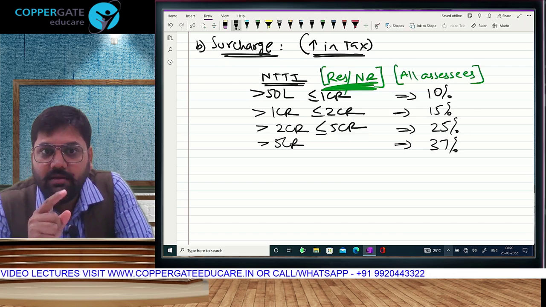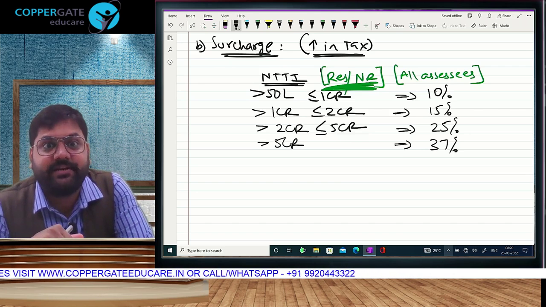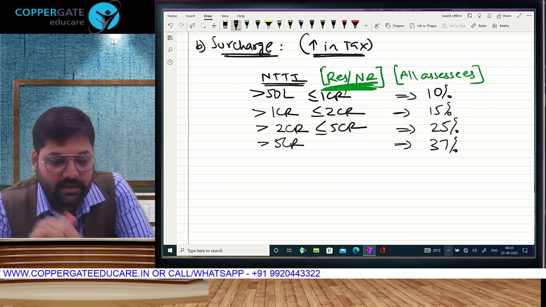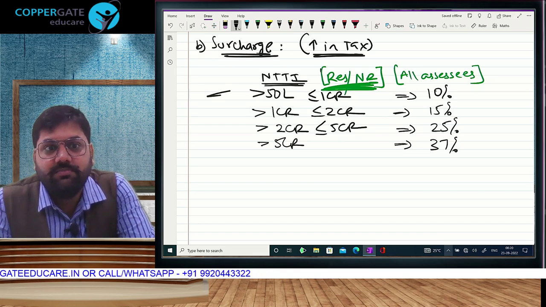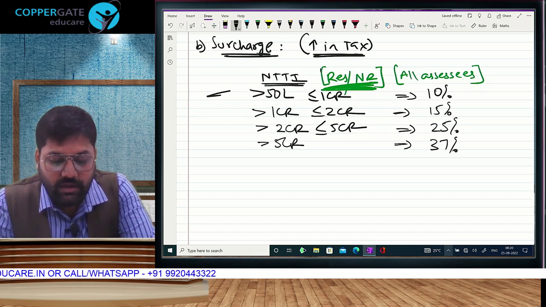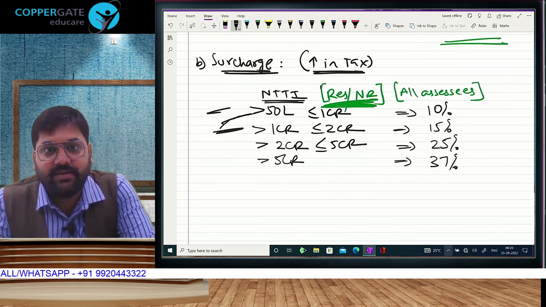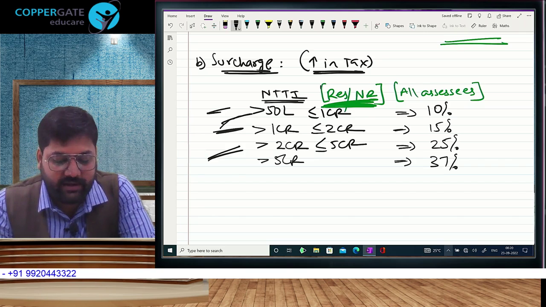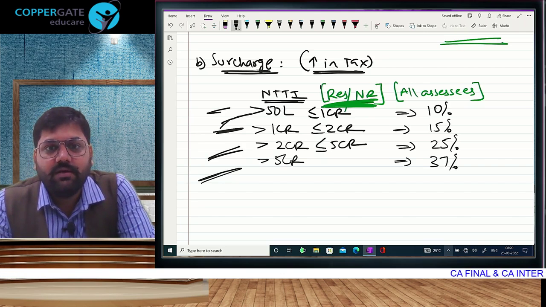Correct? At equal to, surcharge will come but of the previous rate. Meaning, sir? Equal to 50 lakh, previous rate is 0% surcharge. Before 50 lakh there is no surcharge. Equal to 1 crore, previous rate means 10%. Equal to 2 crore, previous rate means 15. And equal to 5 crore, previous rate means 37. Not 37, 25. Understood?